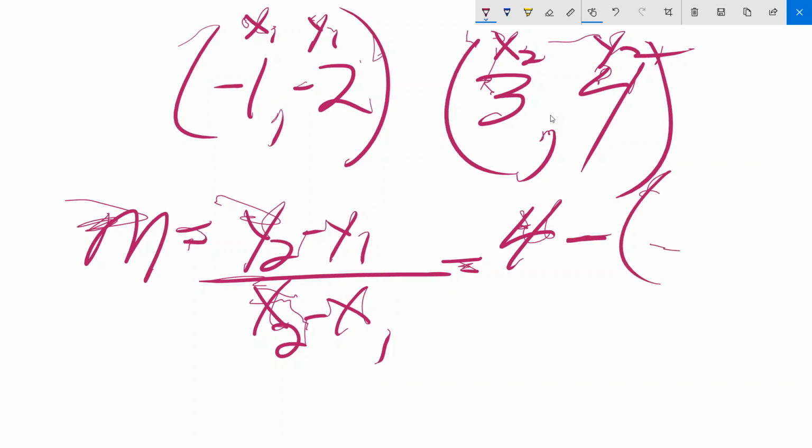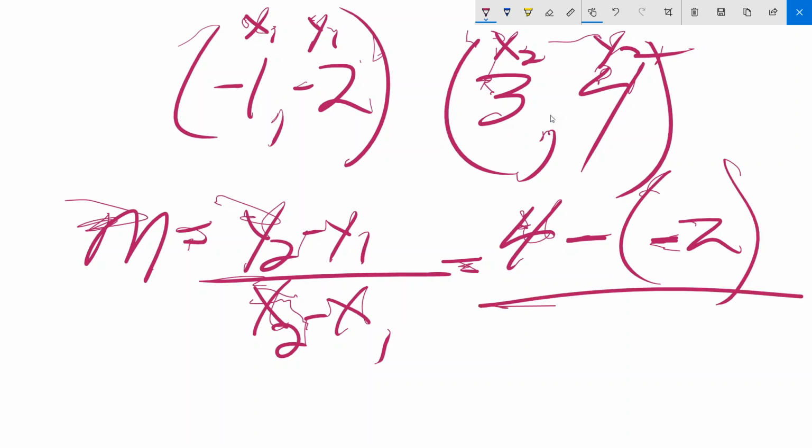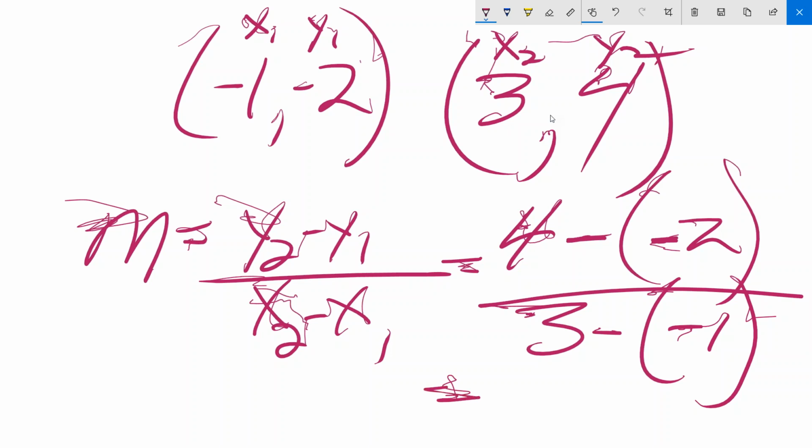Negative 2. There's the thing right there. Now, what is x sub 2? 3, and then x sub 1 is negative 1. You have to include all those negative signs. Do not drop negative signs ever. Now, simplify. What's the numerator? What is 4 minus a minus 2?